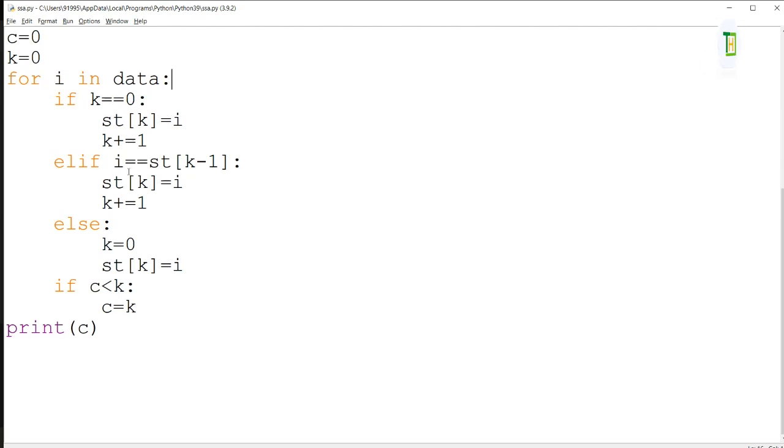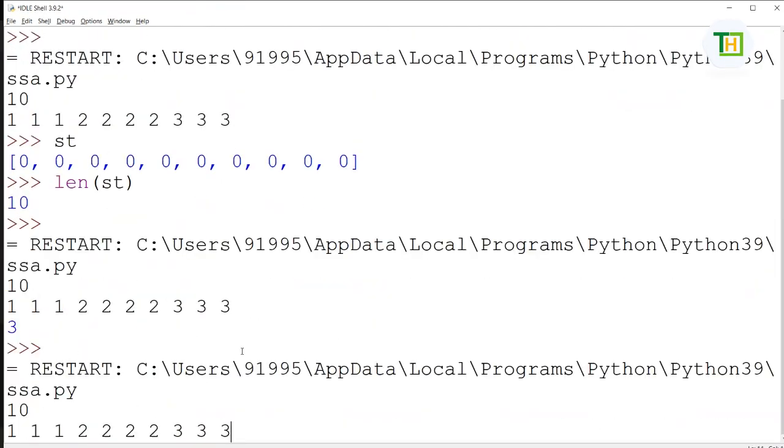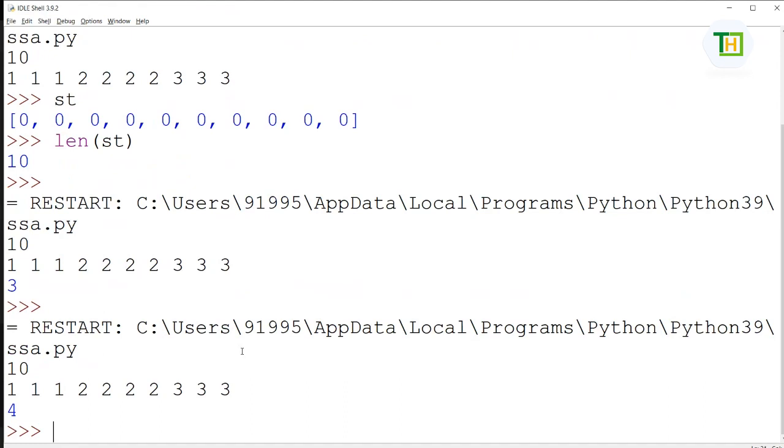If I is equal to st of k minus 1, both are equal, then st of k is equal to I and k plus plus. Here is the mistake. This is the input and this is the output here.